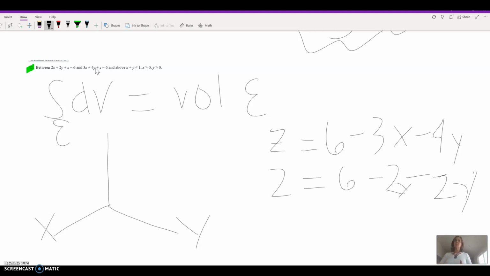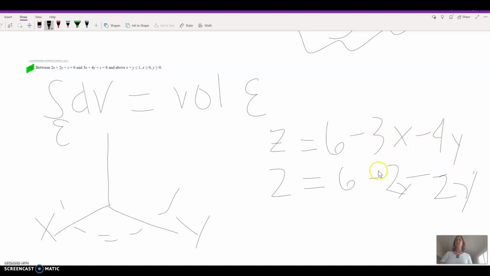If you need to go onto Wolfram Alpha or other graphing software and look at these, you can decide. But my main goal is to figure out which one is below and which one is above. I can see they both start at 6 if x and y are 0, 0. And then as I move away from the origin, as x and y get bigger, since this one is times 3 and times 4, and this one's both of them only times 2, I'm subtracting bigger and bigger numbers here, right? So this one is actually going to get smaller and smaller.